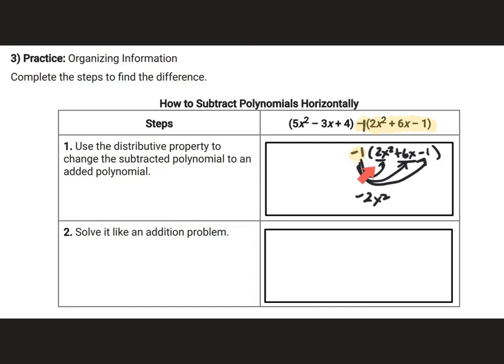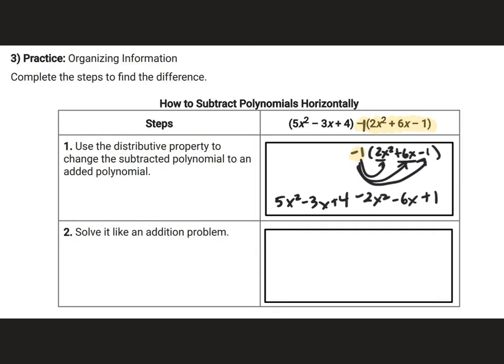I have negative 1 times positive 6x, so that's going to be negative 6x. And then I have negative 1 times negative 1, which is going to give me positive 1. Okay. And now I can just bring my original first expression down right in front of this. So I have 5x squared minus 3x plus 4.